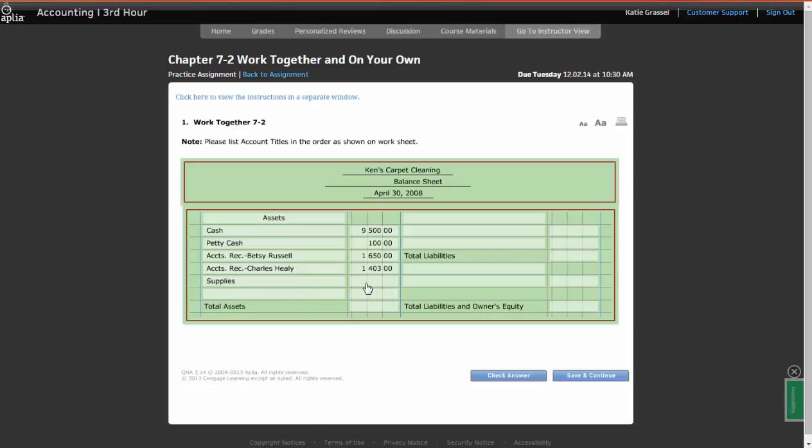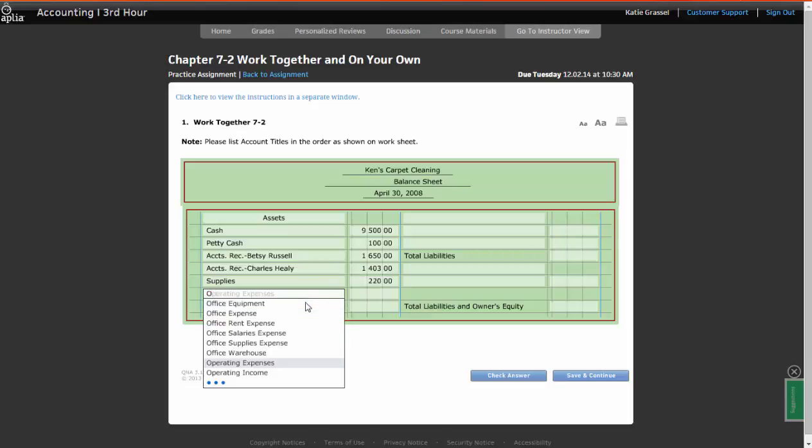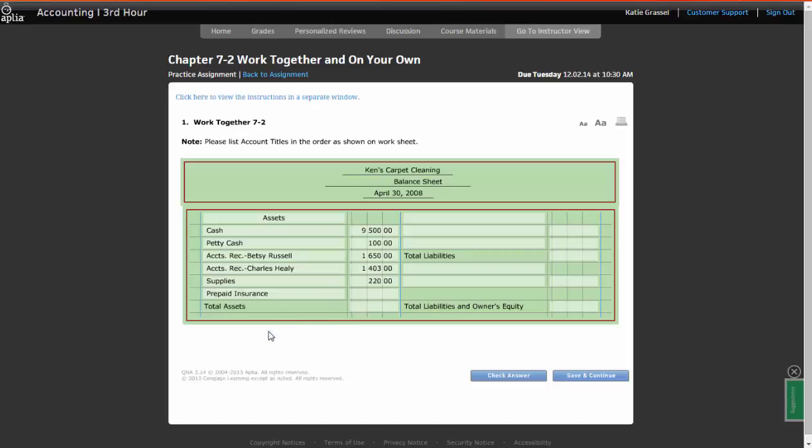Supplies, $2,200. And then prepaid insurance for $6,400. And then I would use my calculator and add up my assets.